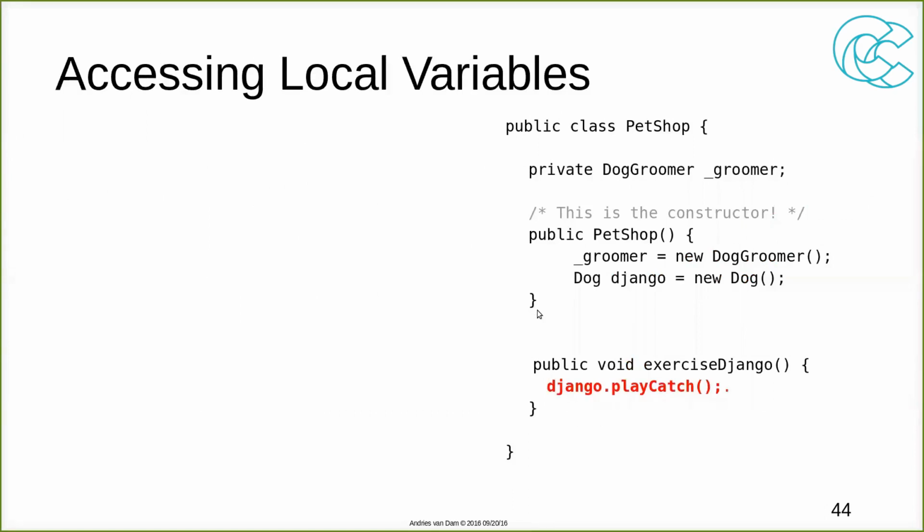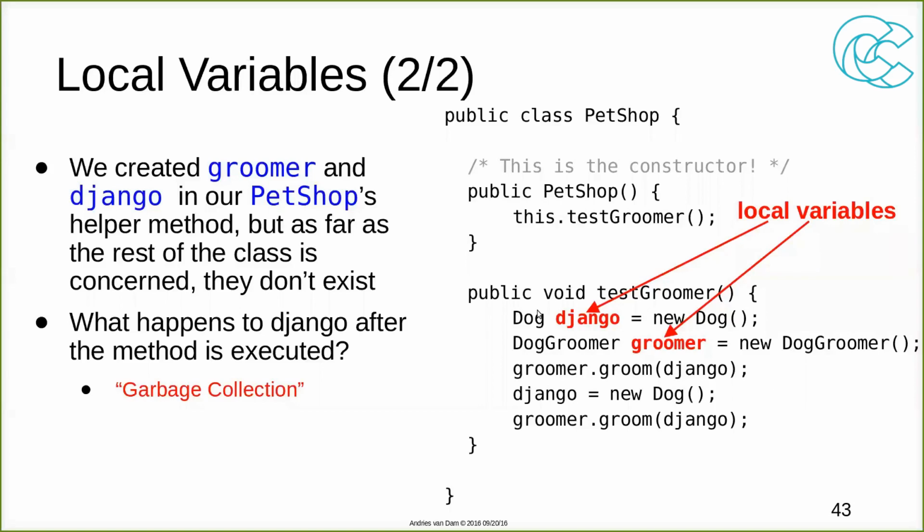In the previous slide, could we have written public Groomer groomer equal to new Groomer to make it a globally accessible variable? Yes. Globally accessible can mean a few ways. One is accessing it within the class, but beyond this method. In that case, you can make it an instance variable.